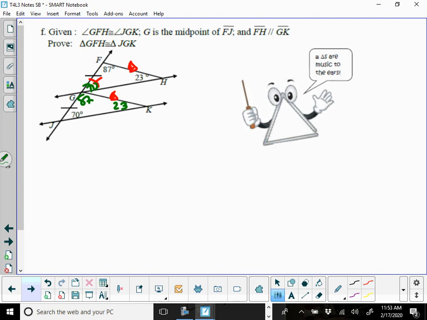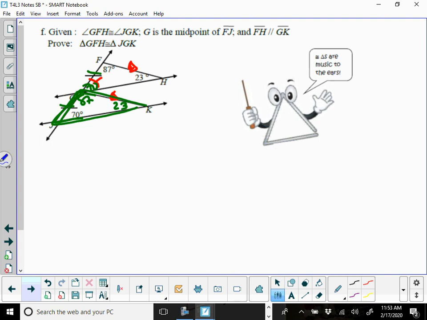So we're looking at those triangles right there. What we have is these two sides are congruent. So we could have angle, side, angle, or we could have angle, angle, side. Either way, you have both opportunities there.